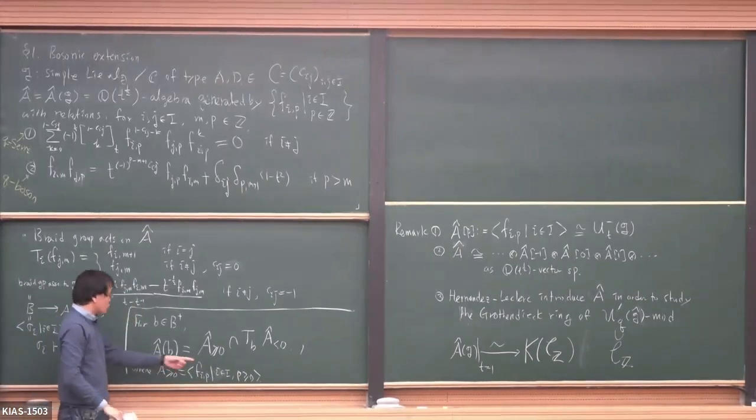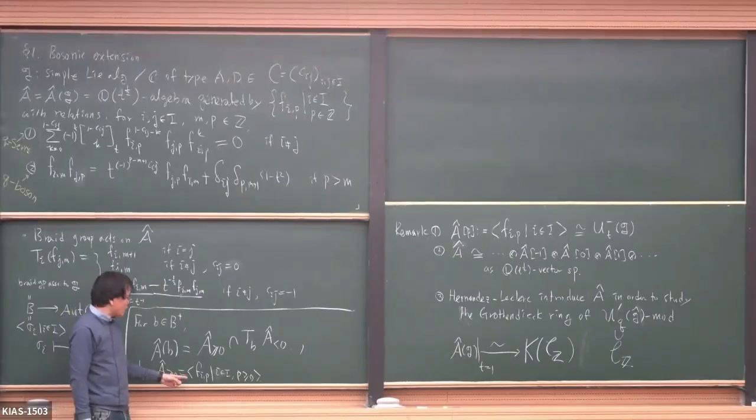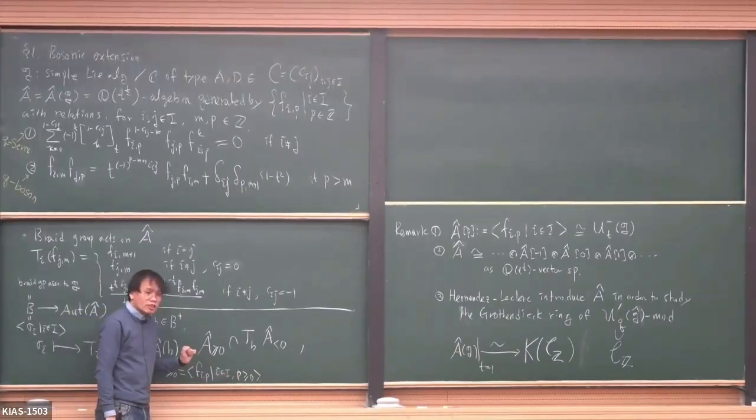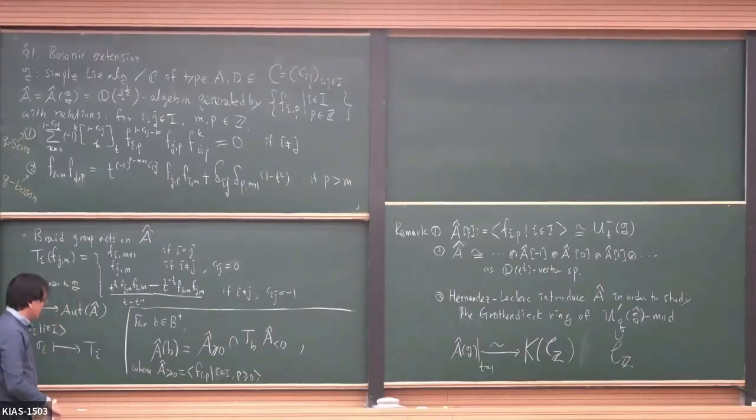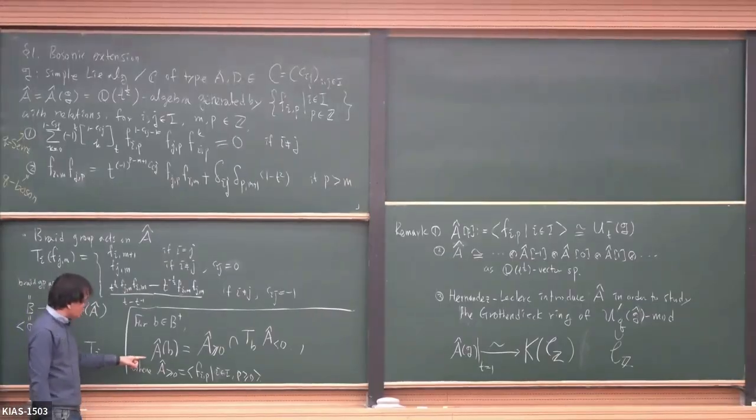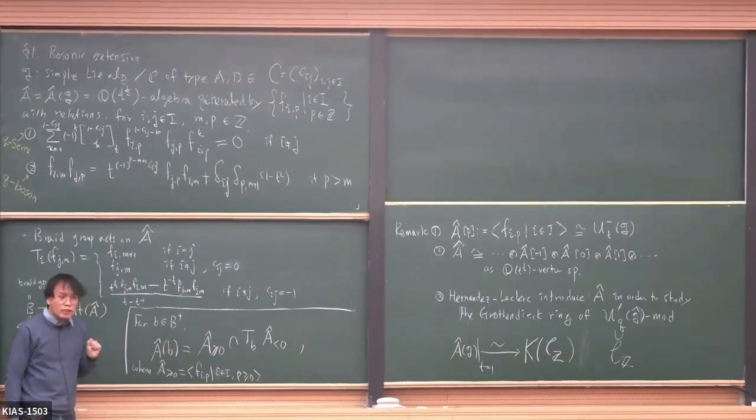And respectively, you can think about the negative one as the subalgebra generated by F_{i,p} with p negative. So I define A hat B as the intersection of those two subalgebras.